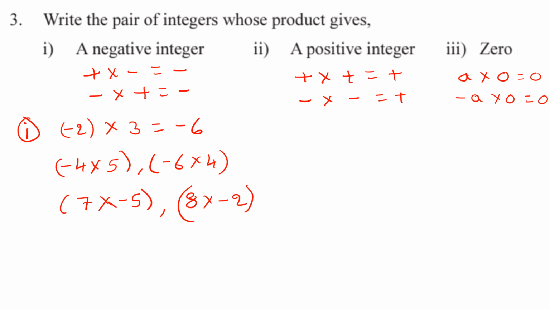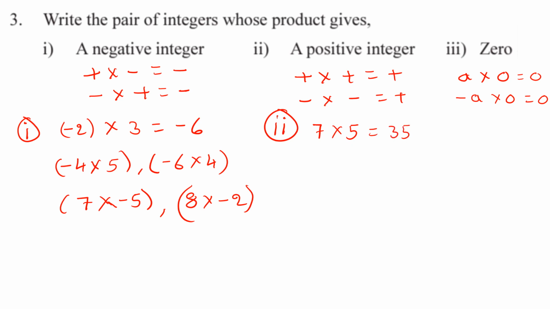Look at that, now the second question. When we multiply the same integers, it becomes a positive integer. Already we know that, right? Look at that: 7 into 5 equals 35.